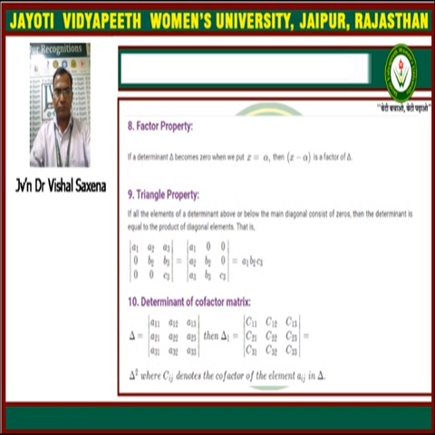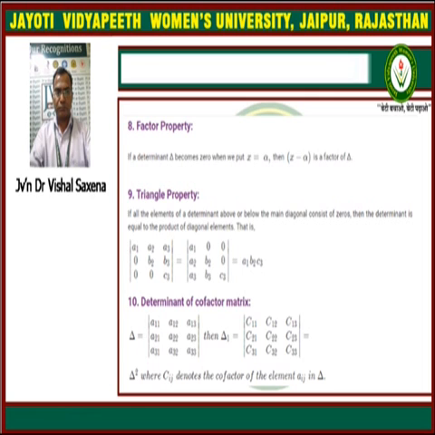Then del 1 is equal to the determinant C11, C12, C13, C21, C22, C23, C31, C32 and C33, where Cij denotes the cofactor, C denotes cofactor, not the column. Cij denotes the cofactor of the element Aij in del.